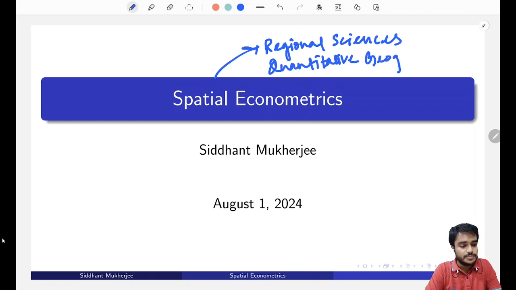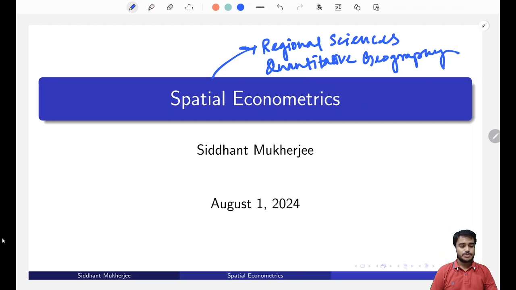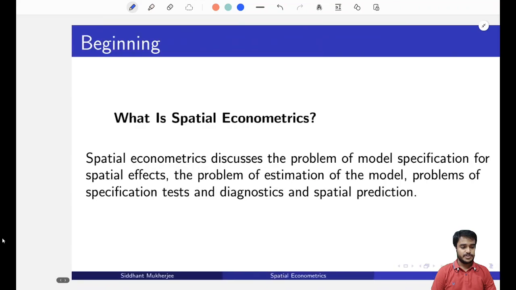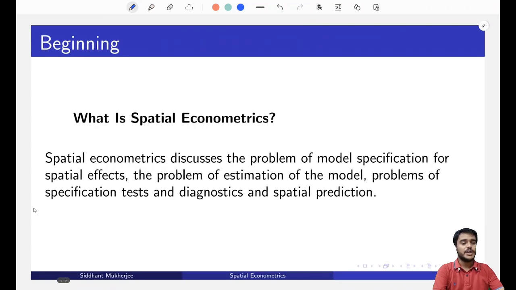Okay. Now in these spatial econometrics relations, we'll discuss what spatial econometrics is and what the difference is from mainstream econometrics relations. So in this section, we'll try to understand the spatial relations in spatial econometrics.